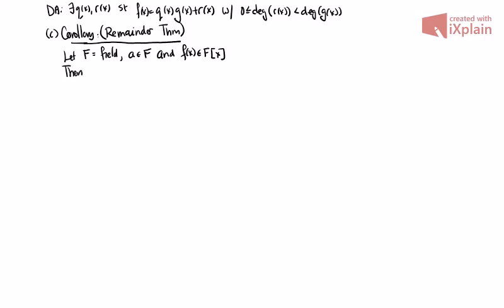Then f of a is the remainder when f of x is divided by x minus a. So notice when you divide by x minus a, you get a remainder that has a lower degree, which means it must be degree 0, which means it must be a constant. And this is just saying that that remainder will be f of a.